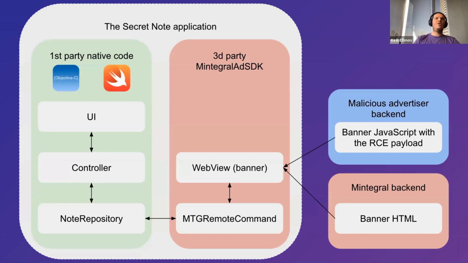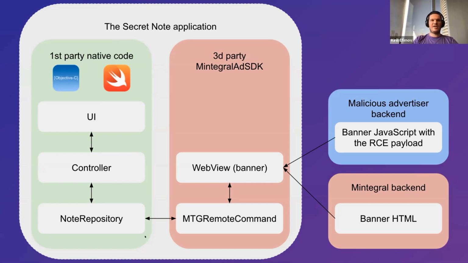On this slide, you can see a logical diagram of the application itself and how the RCE got executed. I may repeat myself here a bit, but I'd like to make this part crystal clear. This green rectangle is the code written by the developer, first-party code.